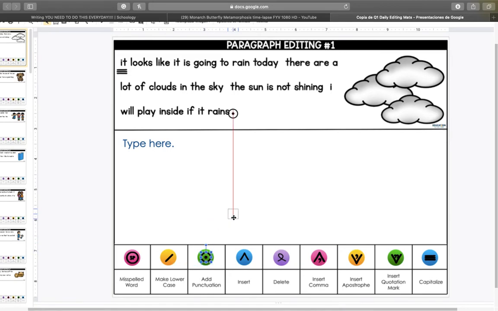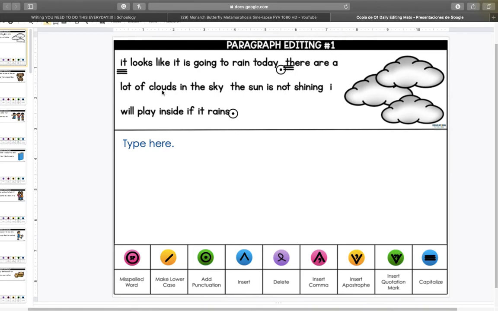So I'm going to use a period right here. Then if I have a period, the next letter needs to be a capital letter, right? Because it's the beginning of a sentence. So you would add the 3 lines to show that the T needs to be capitalized. Does that make sense? So you will have a period and the T. Okay, so this will be capitalized.